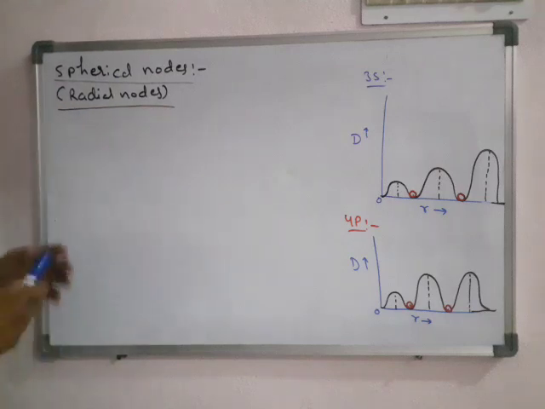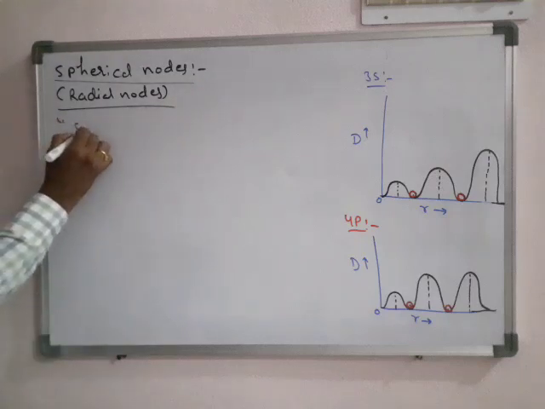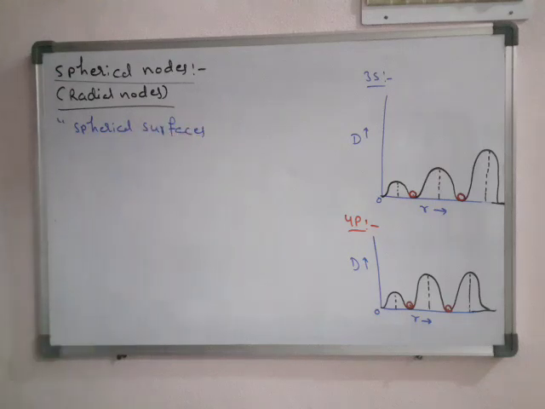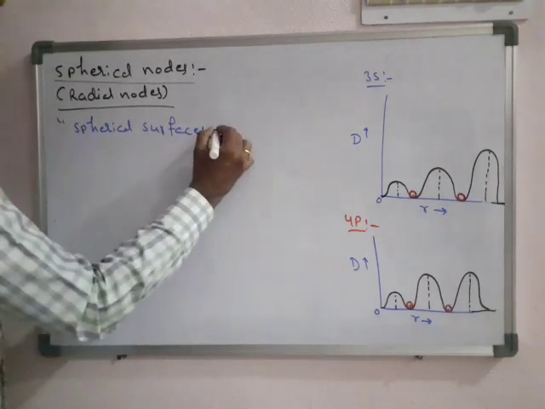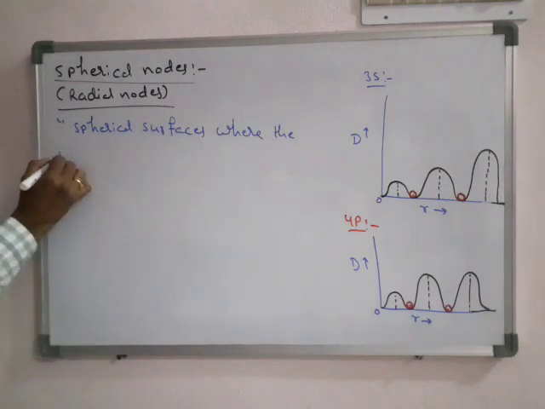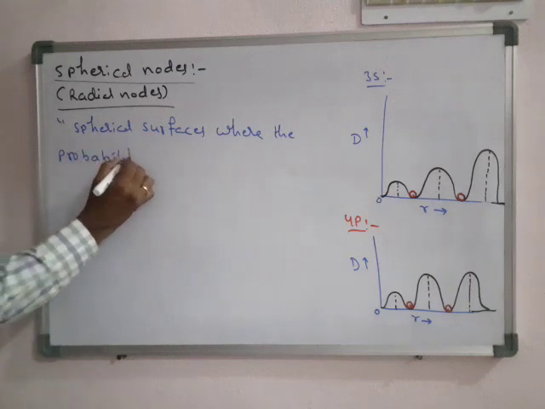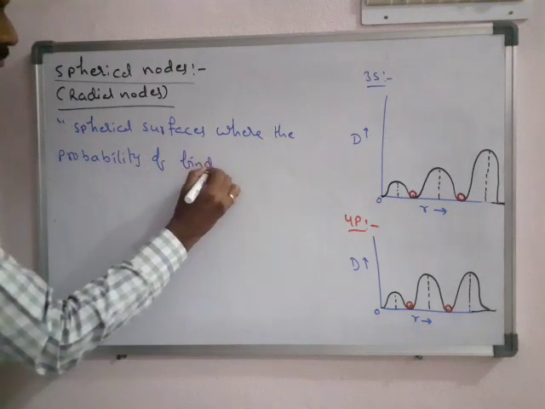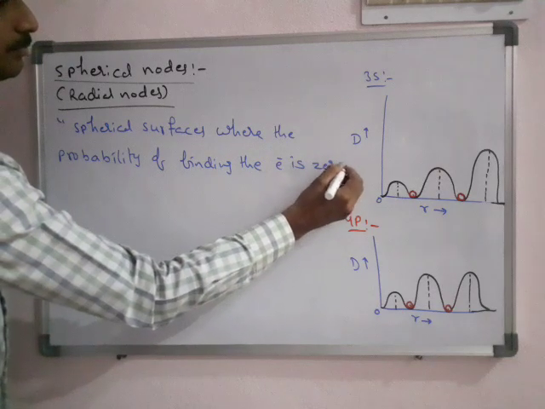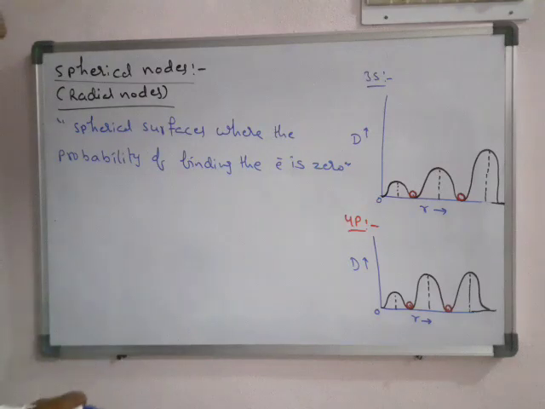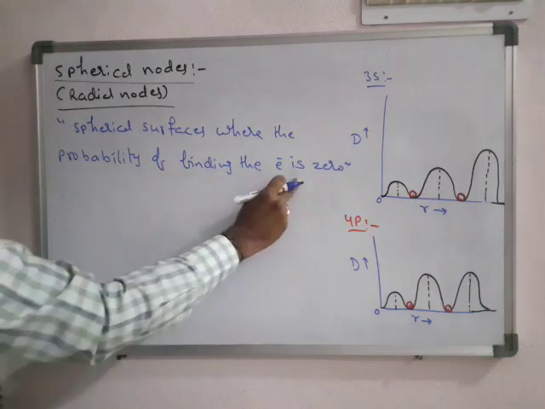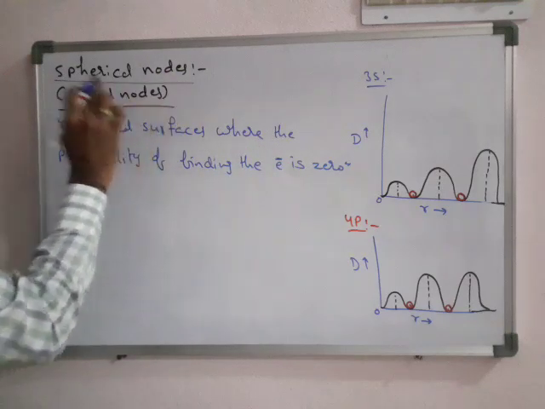These are the spherical surfaces where the probability of finding the electron is 0. They are known as spherical nodes or radial nodes.